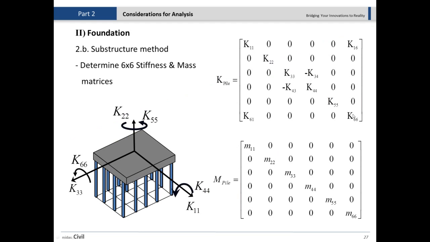All these members of the matrix for the stiffness and the mass would be simply calculated. For the mass, you can simply calculate how much of the mass is gonna be contributing for different directions. As you can see here, we have the K11, which is for the dx, dy, dz, and then rotational degrees of freedom.